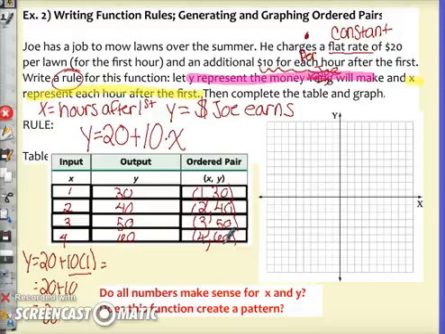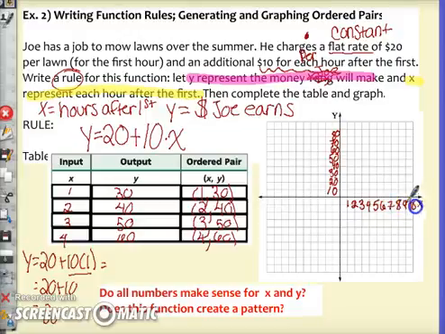Now you need to make sure that you make an appropriate scale. Instead of going by ones on your y-axis, maybe you should go by, look at 30, 40, 50. Let's go by 10. So let's label this 10, 20, 30, 40, 50, 60, 70, 80. And these are her hours. So 1, 2, 3, 4, 5, 6, 7, 8, 9, 10.